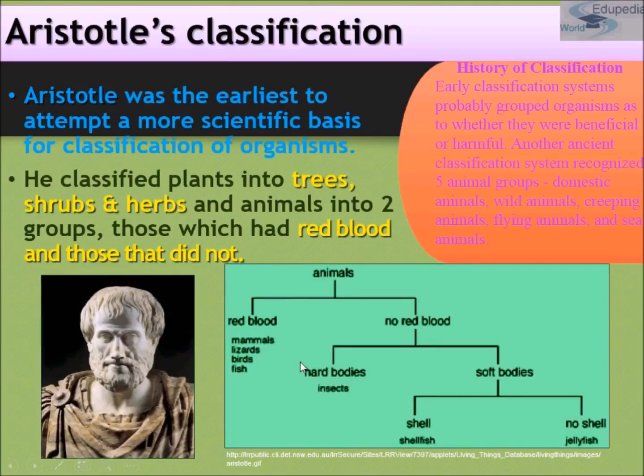They were further classified into hard bodies and soft bodies, and then further divided into shell and non-shell. Shellfish belongs to the shell soft body category and the jellyfish belongs to the no shell soft body category.